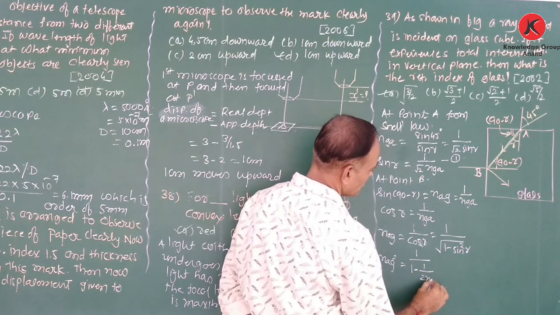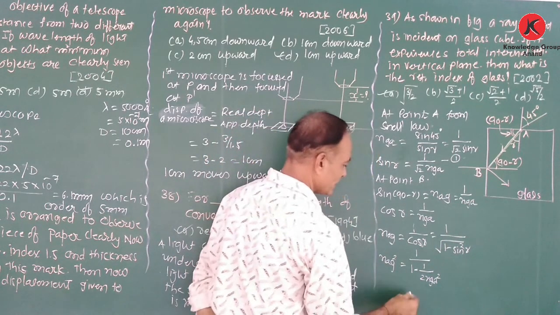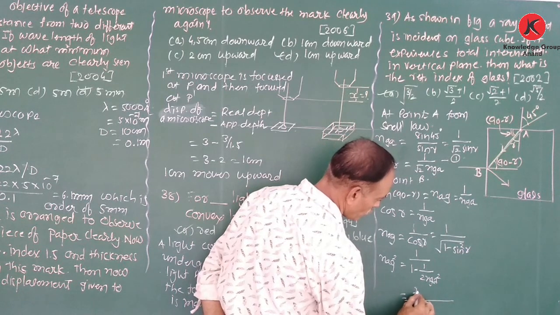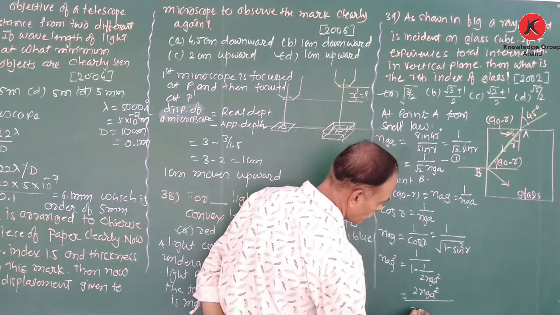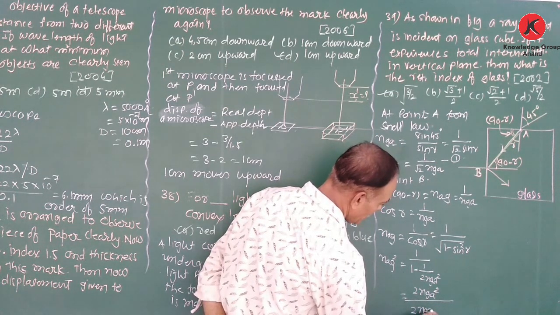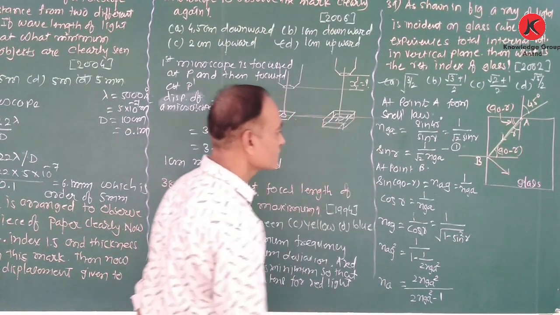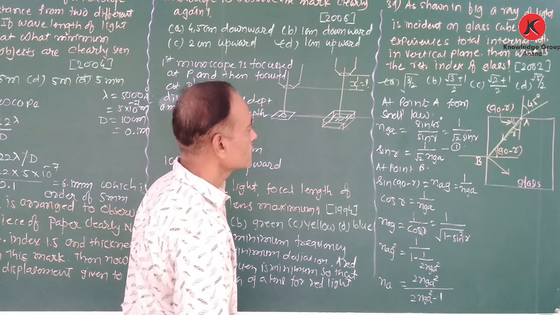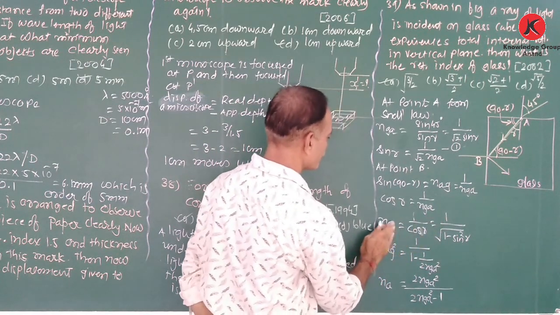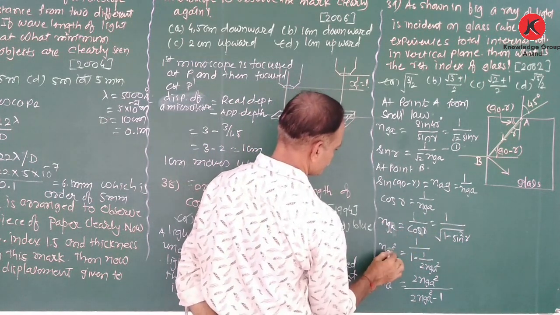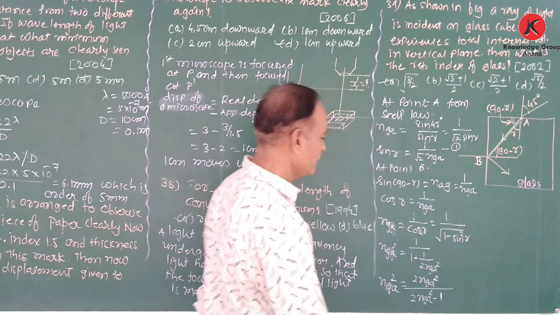Therefore, 1 upon 2 NGA square. Therefore, we can take the LCM: 2 NGA square upon 2 minus, that is 2 NGA square minus 1 upon 2 NGA square is equal to NGA square. The refractive index of glass with respect to air.